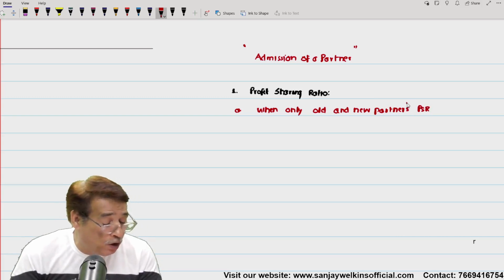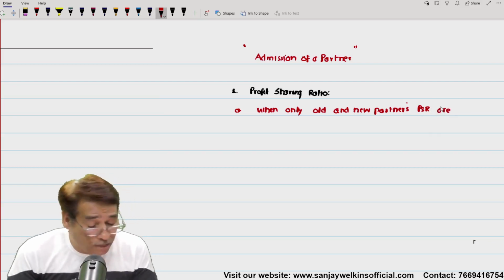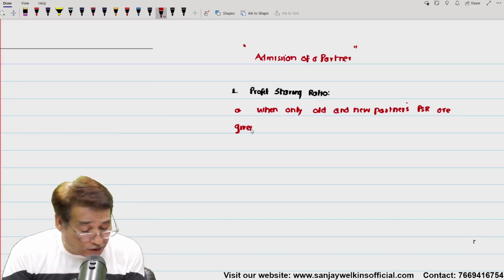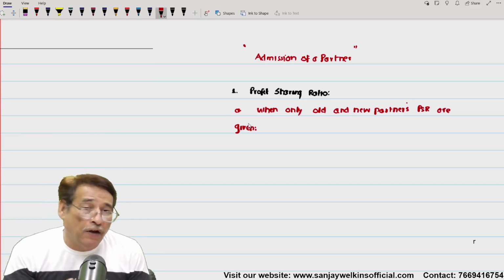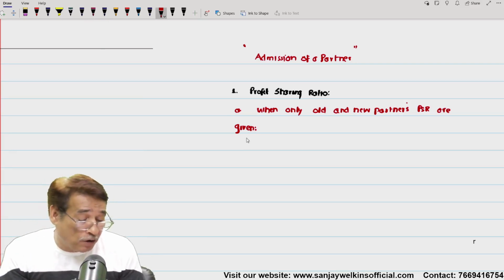PSR stands for profit sharing ratio. When no further information is given, it means we would be given only the profit sharing ratio of the old partners and the new profit sharing ratio of the incoming partner. How are we going to compute the profit sharing ratio under such a situation?